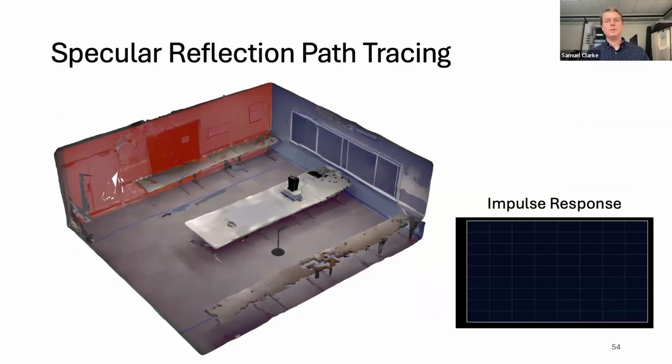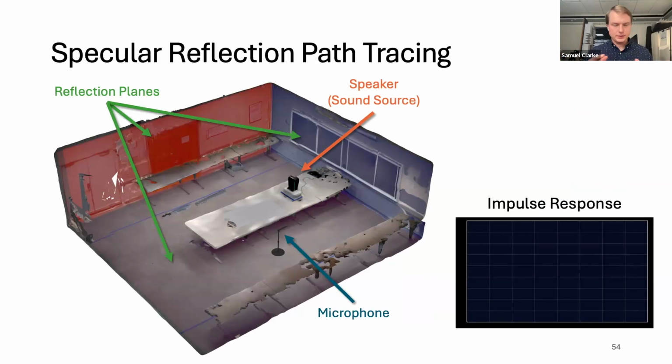So let's look at one of these rooms, the classroom, and we'll think about how sound travels through the room. In our algorithm, we modeled the specular reflection paths. Sound is traveling from this speaker, which is our sound source, to this receiver, which is our microphone. Along the way, sound is going to emanate from the speaker in different directions.